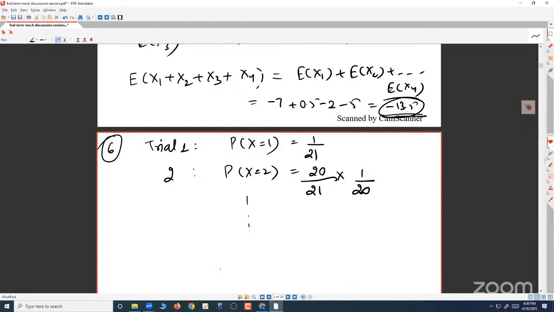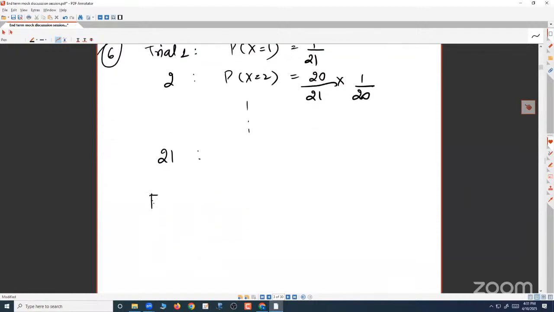Similarly, I will have different trials. I would have 21 trials because I have 21 keys. Correct. Now I need to calculate the expectation. So expectation is basically what? Summation of x into p(x). My value of x is basically 1, and the probability p(x) is coming out to be 1 by 21.